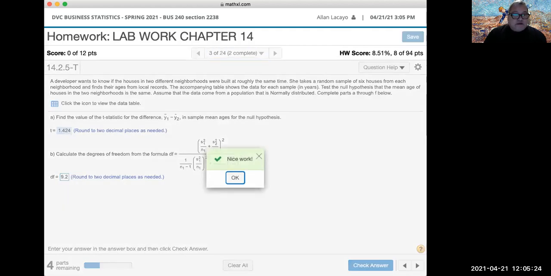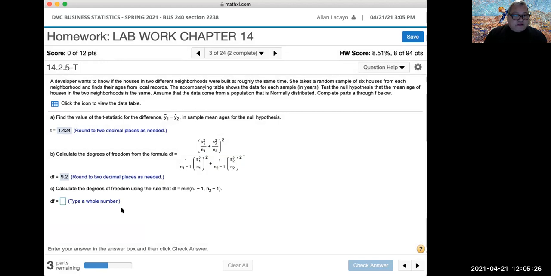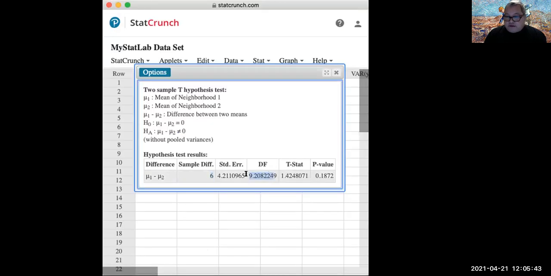I didn't do the math on this myself. I relied on the arithmetic from StatCrunch. Let me show you where this degrees of freedom computation came from. It's right next to the T statistic, to the left of the test statistic.